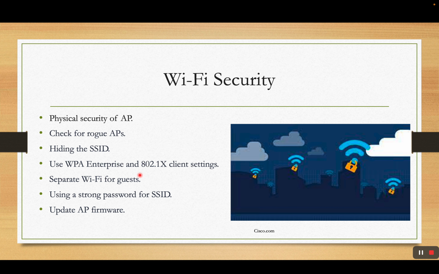Now, the 802.1x client settings are a security feature that should be used on all devices connected to a particular Wi-Fi access point. Let's assume a scenario: attackers can set up a fake Wi-Fi network near your office and lure users into connecting to it. Once the user is connected, the attacker can capture the user's login credentials or other important information if it's not encrypted, which could be used to access the real access point of your company.